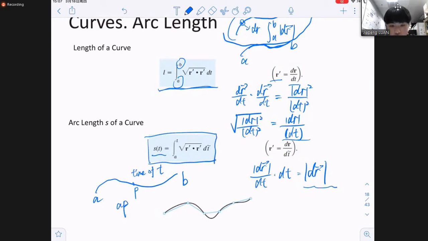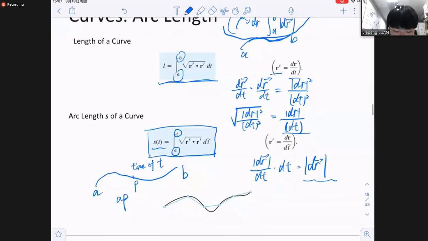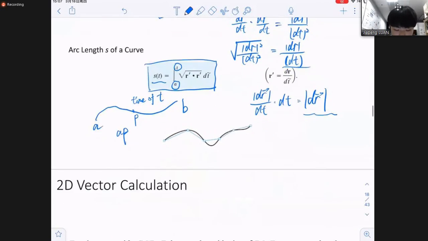You just do the integral from A to time t, okay? Then this is a curve as a function of t.